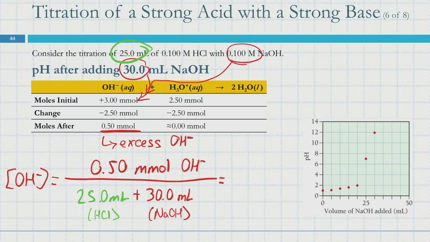So 0.5 divided by 55, that gives us a concentration of hydroxide of 0.0090, and that 90 looks like it repeats, molar.